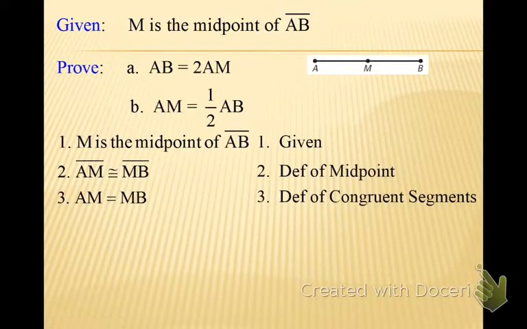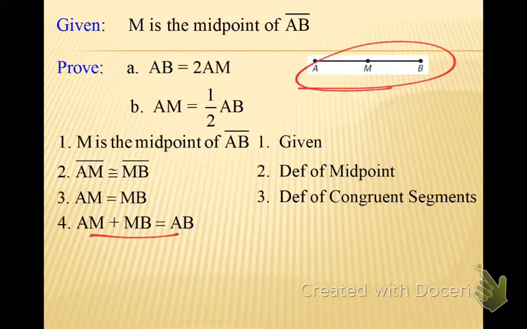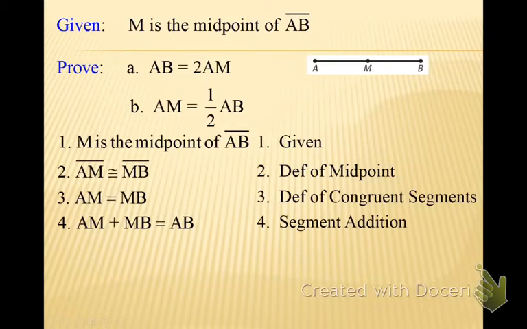Since the segments are congruent, we say the lengths of the segments are the same, and that's by definition of congruent segments. That's back in your Chapter 1 notes. Now we can bring down the segment addition postulate from your diagram. We know that this has to be true because of this. And since we're using the segment addition postulate, we need to put that in. Again, this is a postulate, so I'm going to add postulate here.